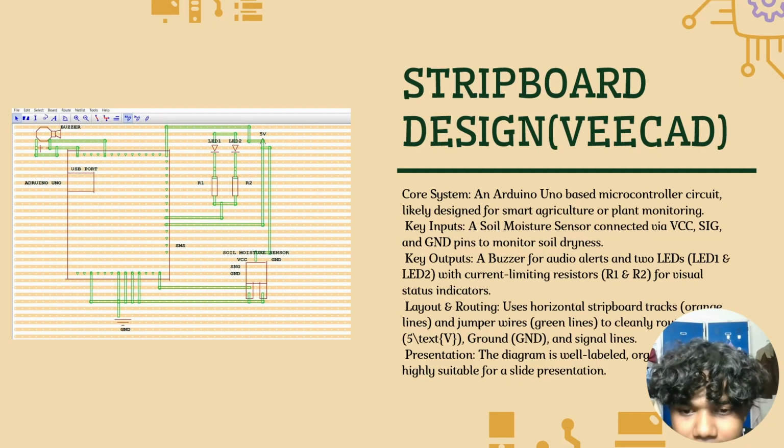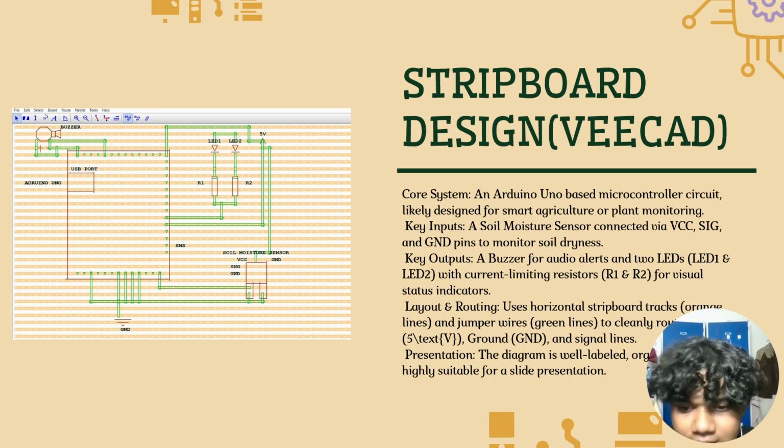Hello everyone. Today I'm going to explain the schematic design. This is an Arduino Uno based microcontroller circuit, likely designed for smart soil monitoring. It has an input soil moisture sensor connected to VCC, SIG and ground pins to monitor soil dryness.